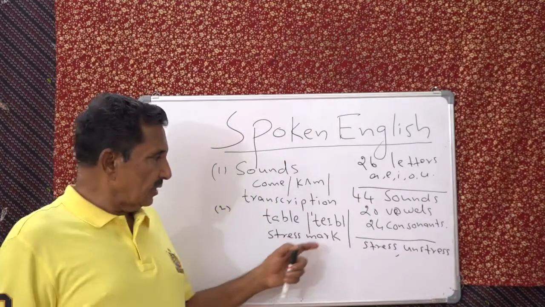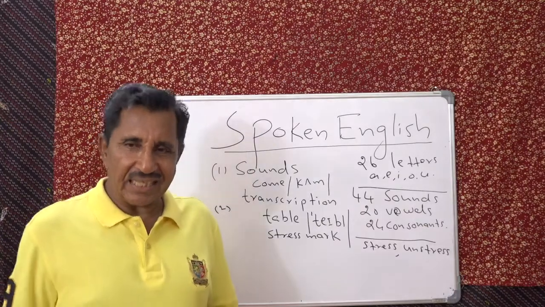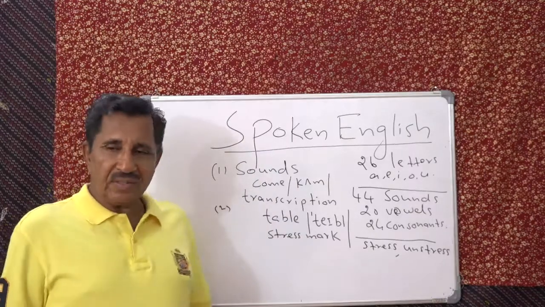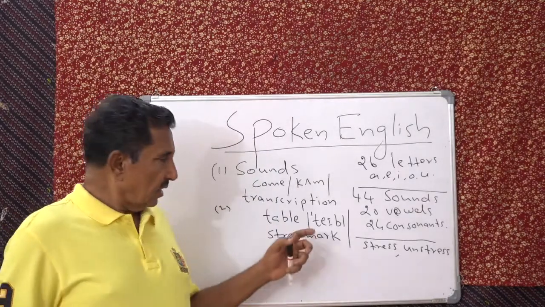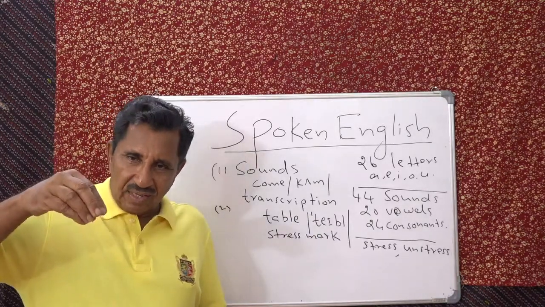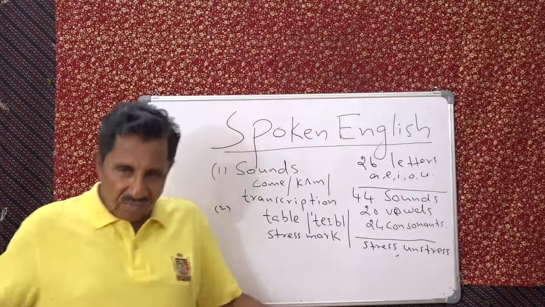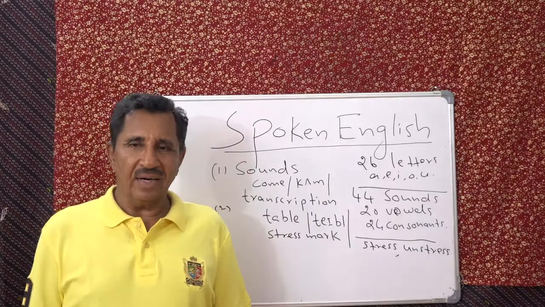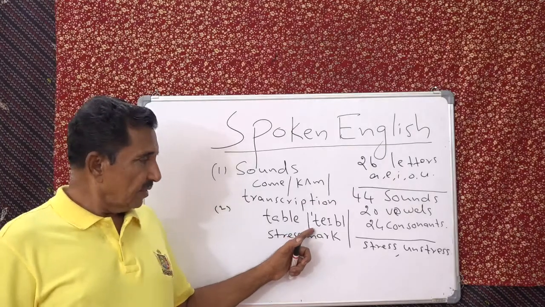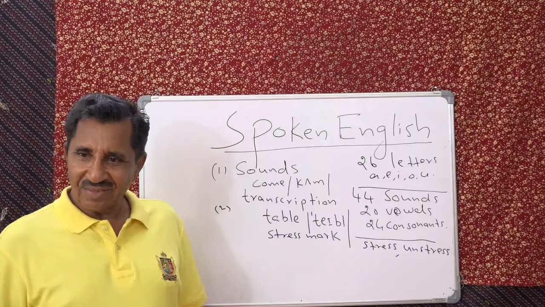So here you can see it has got two parts. You will wait for your second standard, third standard to find out the parts of the words. But for the time being, you understand like this. Then you find this mark. That means you have to use a little more energy here. Suppose you don't use energy, how will you say? Table. Suppose you use energy here and not here, then table. That looks fine now.